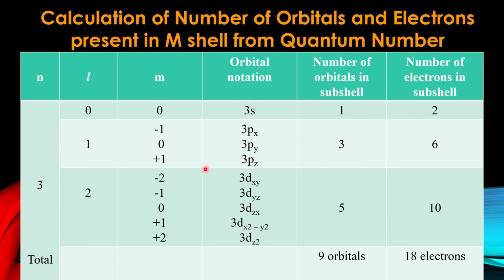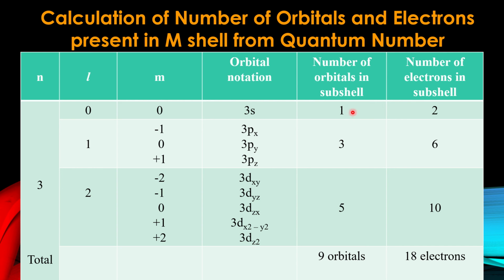And M equal +1, it is 3pz. In the same way, for L equal 2, this is D type of orbital and the names of the orbitals are 3dxy, 3dyz, 3dzx, 3dx square minus y square and 3dz square.